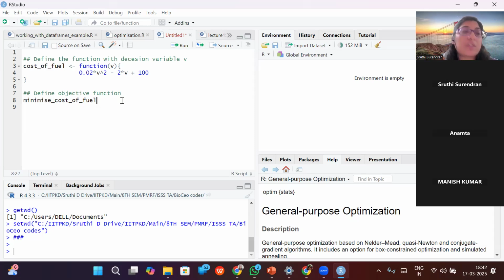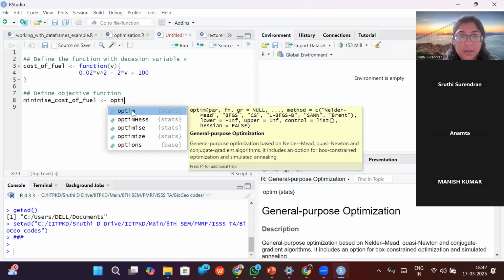So minimizing the cost of fuel is our objective function. Now, how do we write this objective function in the code? By using this optim optimizer. So optim optimizer is what we are using to minimize the cost of fuel.